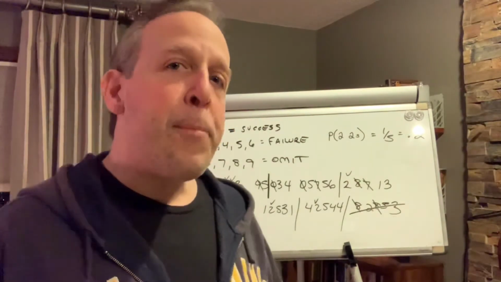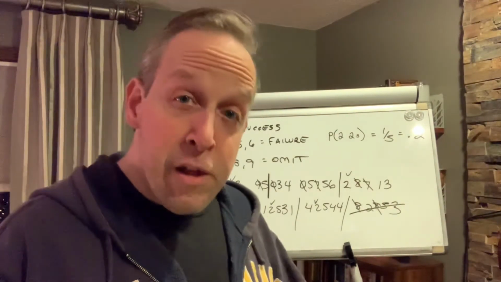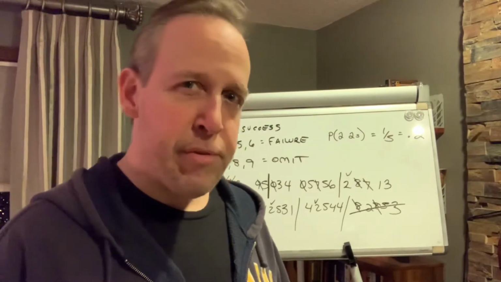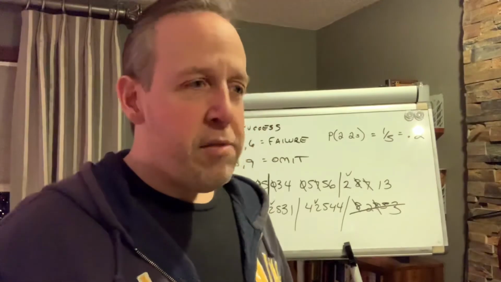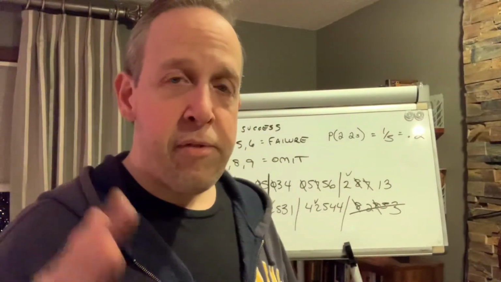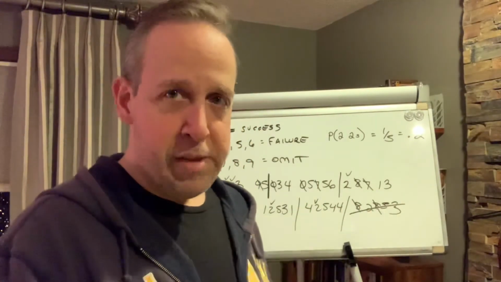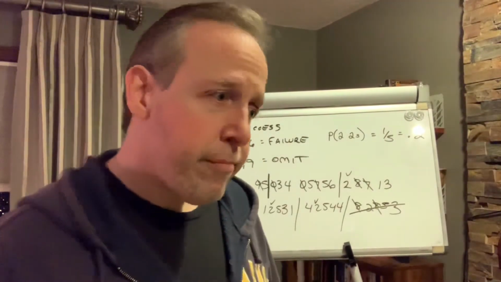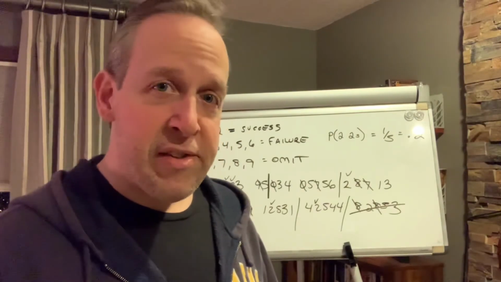But the more I perform that trial, the closer it will become to the theoretical, which in this case is about 16%. So if I ran 100 trials of 5-digit simulations, I should find out of 100, about 16 of them will have exactly 2 2s.